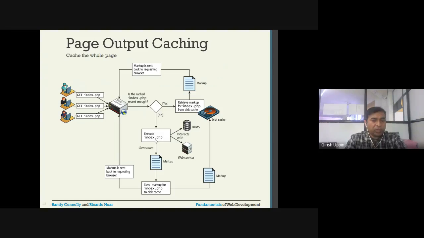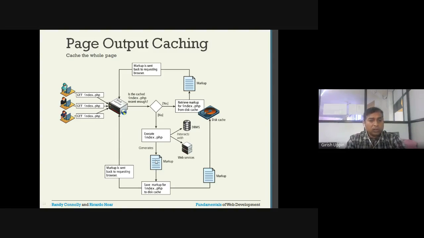So the PHP page will be parsed and executed. It might involve connecting to the DBMS, running some queries, getting the data, and processing that data. And maybe it involves calling some web services to get the information.